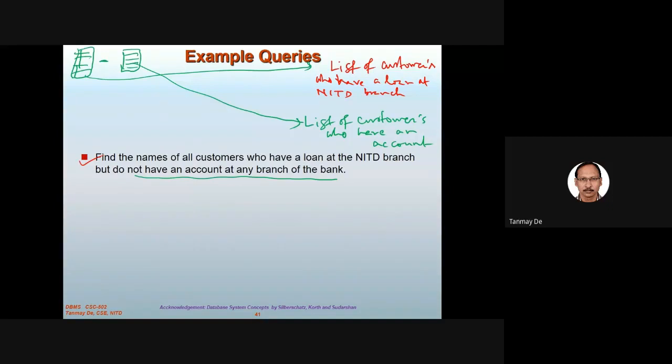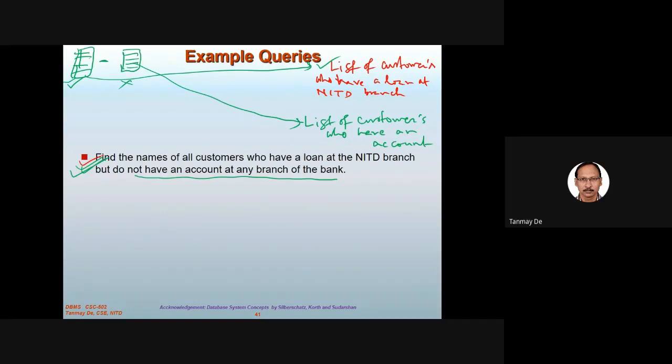Set difference means the tuple is present here but not present here: in the first one, but not in the second. Present in the first one means the customer has a loan, so the customer is present in this list. A customer having a loan at NIT Durgapur but not present here means that customer does not have any account. That is our requirement, that is our query, our question or target.